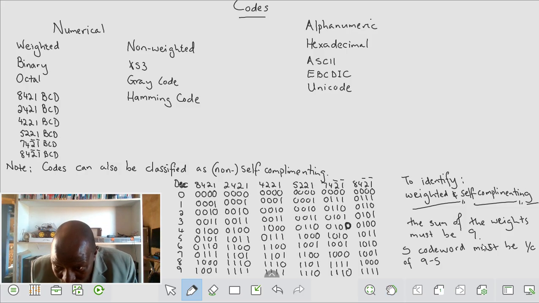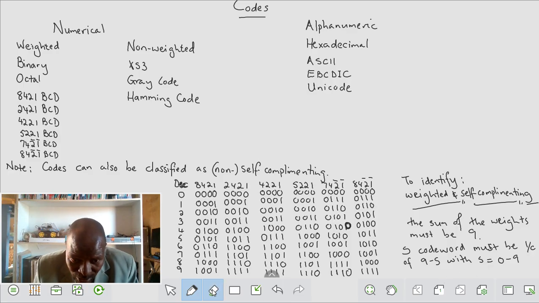Alright. S code word must be 1's complement of 9 minus S. Remember, S is anything from 0 to 9. Let's put it more mathematical: with 0 less than or equal to S less than or equal to 9.